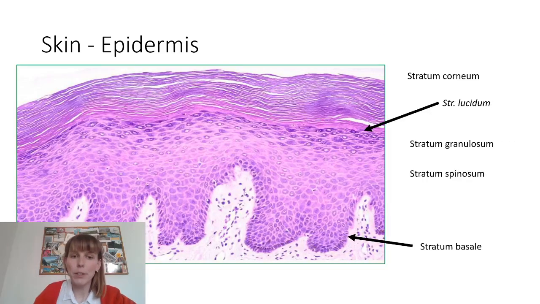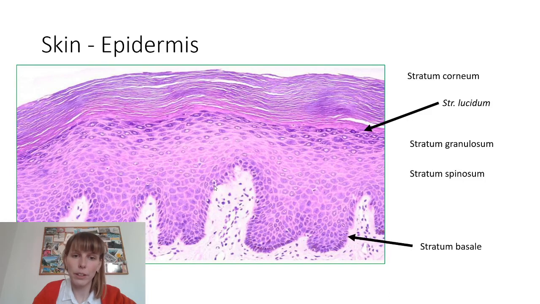So in the epidermis, reminding you, we have the stratum corneum, stratum lucidum in case of thick skin, stratum granulosum, which is the dark one, dark purple cells accumulating granules, stratum spinosum, and stratum basale.